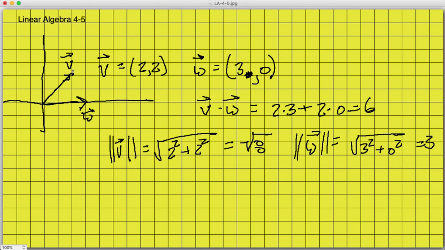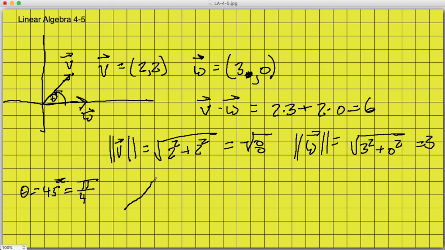And now we can see over here the angle theta right there. Well, we can see that theta is equal to 45 degrees. By the way, 45 degrees, if you remember radians, that's pi over 4. So the question is what is the cosine of pi over 4?